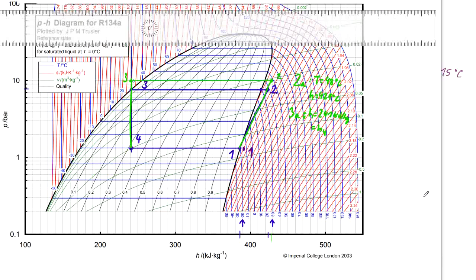And we will go to the pressure of the green cycle. So pressure for the condensation at 40 degrees C, but in isentropic change. That means we will follow this red curve.